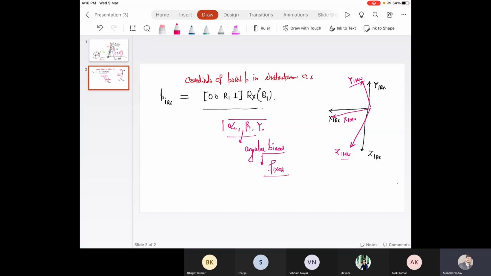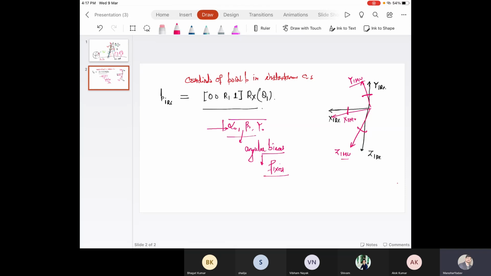Because see, the IMU and laser scanner are rigidly mounted and integrated with the flying aircraft, so there is no relative movement between the IMU and laser scanner. These angular biases are fixed once the sensors are installed.